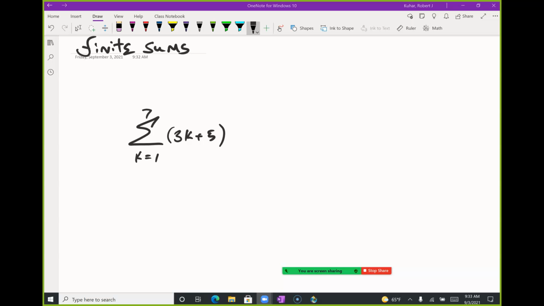Writing out the 7 terms and then adding them up. We can do it the way that we did last class, right? And that is what? Split it into 2 pieces. So 3 times the sum of k plus the sum of 5, right?